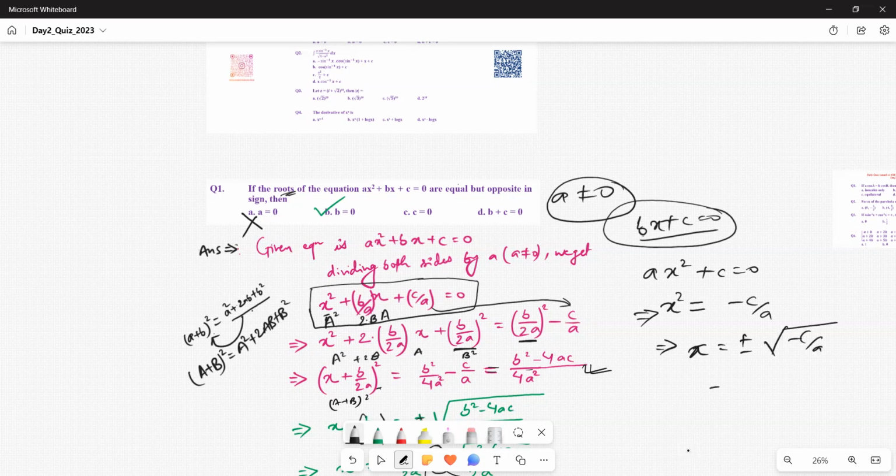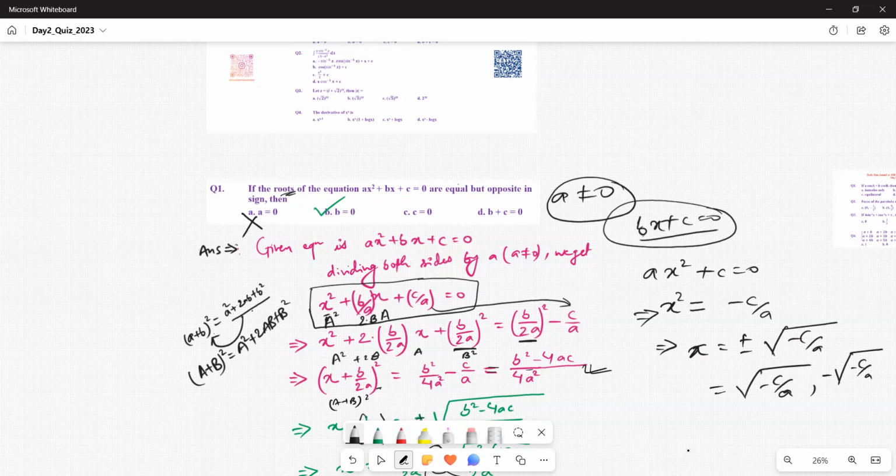So it will have two roots, under root minus c by a and minus under root minus c by a, right? So this is possible, b is possible, but still we have to reject options c and d also. When c is 0, you can put it and see that the roots will not be equal and opposite.